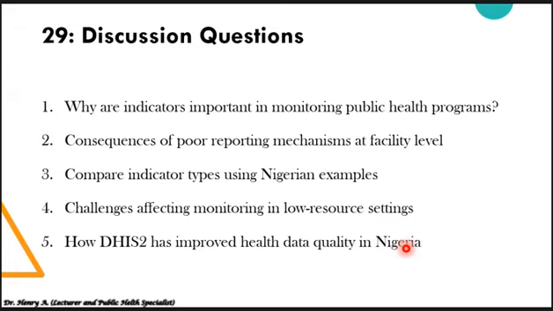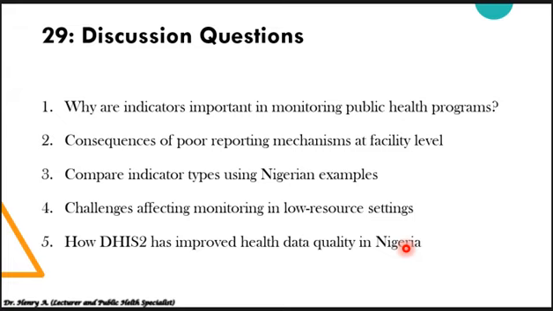They help the program managers to assess whether the program is on track or lagging behind. They also help the managers to measure the output, the outcomes, and the long-term impact. They also help the managers to identify the gaps that require corrective action. They also support data-driven decision-making rather than guesswork.